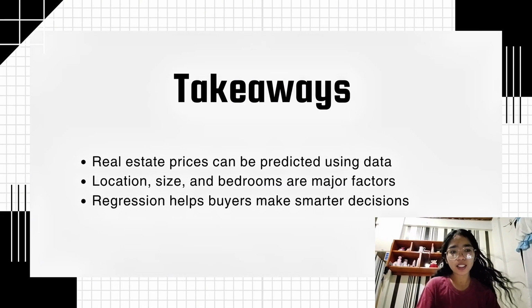For takeaway, real estate prices in a market like Naga City are not just random numbers. They are the result of a logical recipe that can be decoded using multiple linear regression.